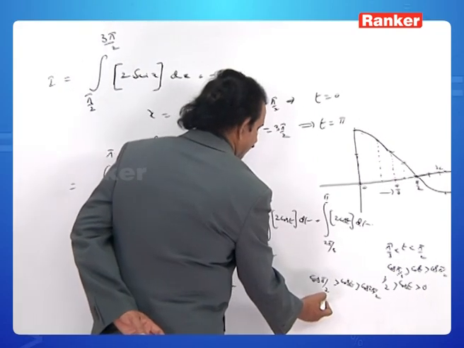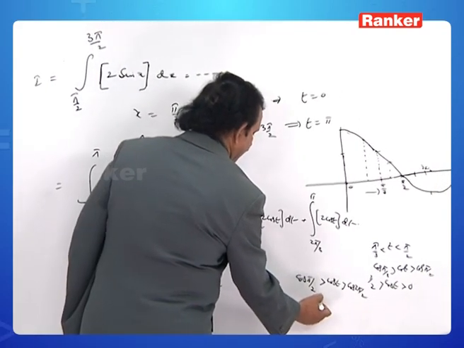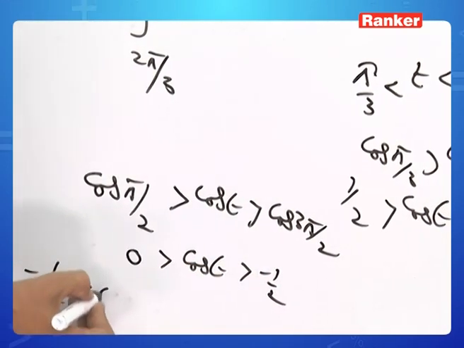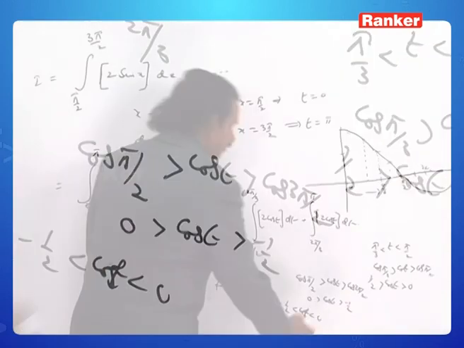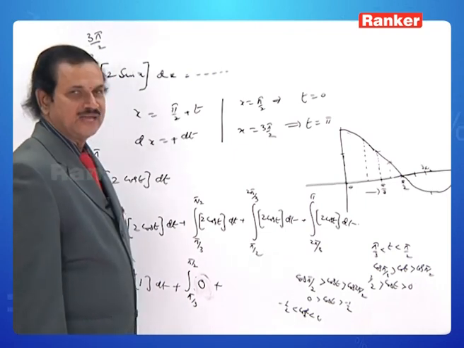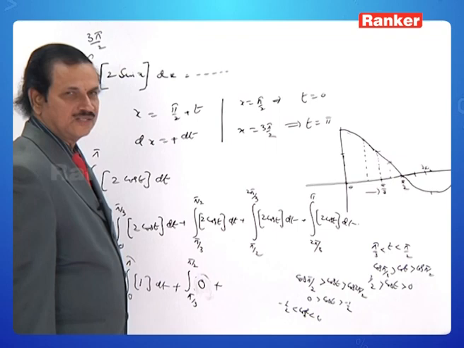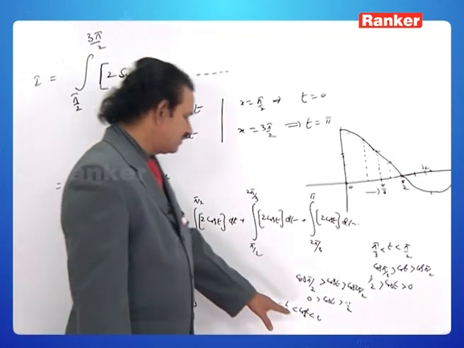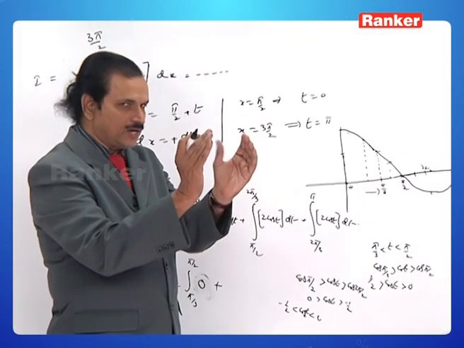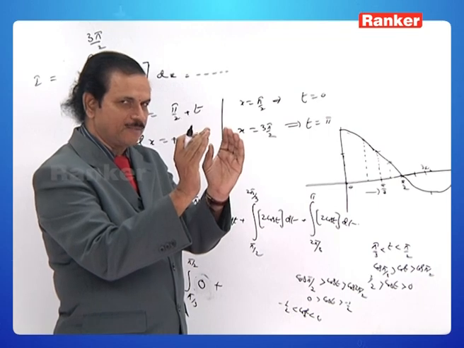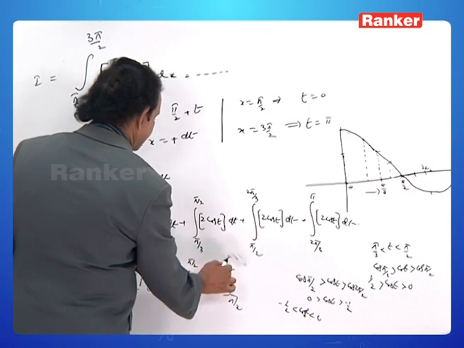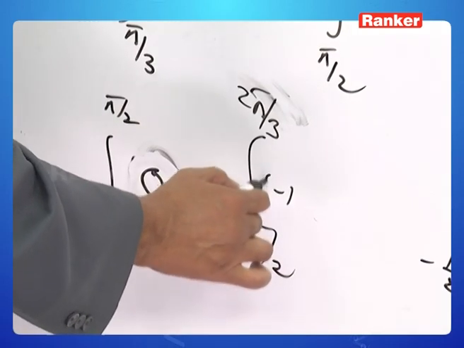Cos pi by 2 is 0. So 0 greater than cos t greater than minus 1 by 2. Multiply it with 2: minus 1 less than 2 cos t less than 0. So between minus 1 and 0, the integral part is minus 1. Hence, pi by 2 to 2 pi by 3 is minus 1.